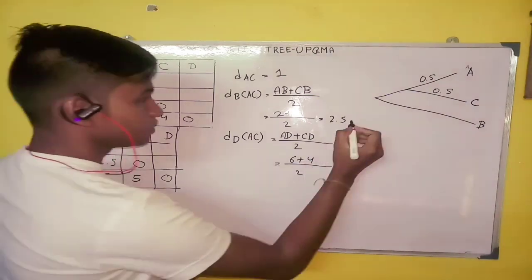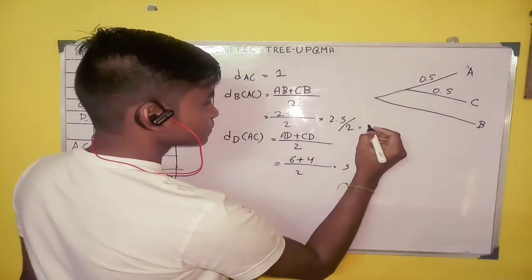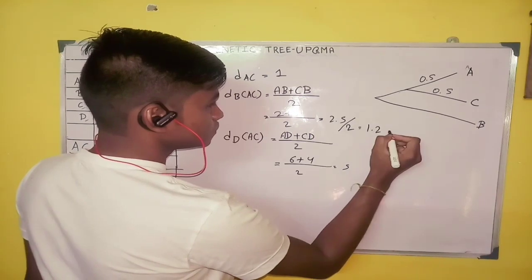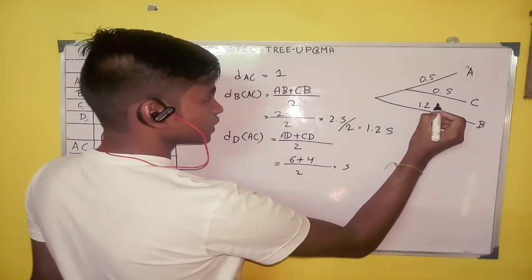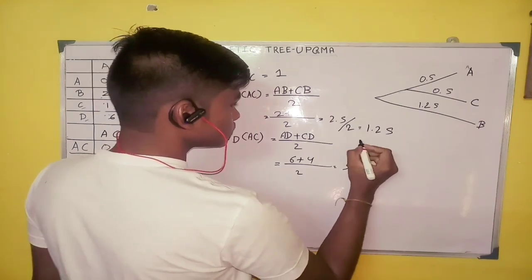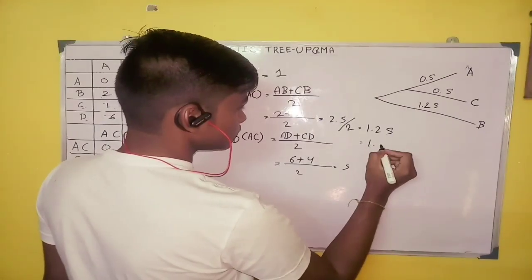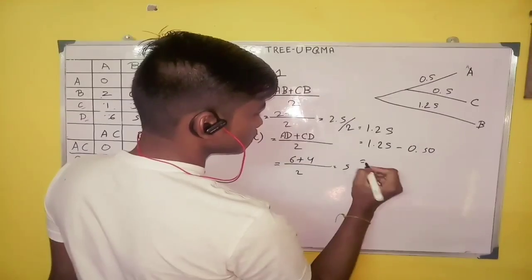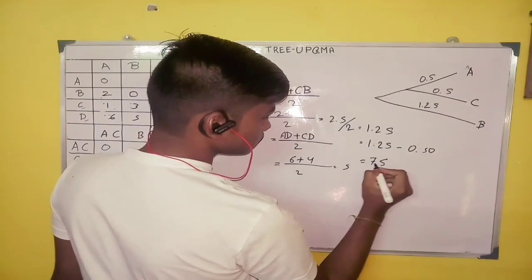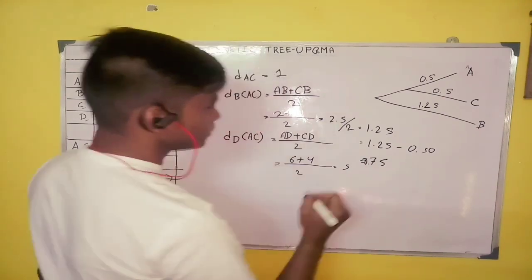So basically we will divide 2.5 by 2, we will get 1.25. So here we will write 1.25, and here we will minus 0.5 from 1.25, we will get 0.75.